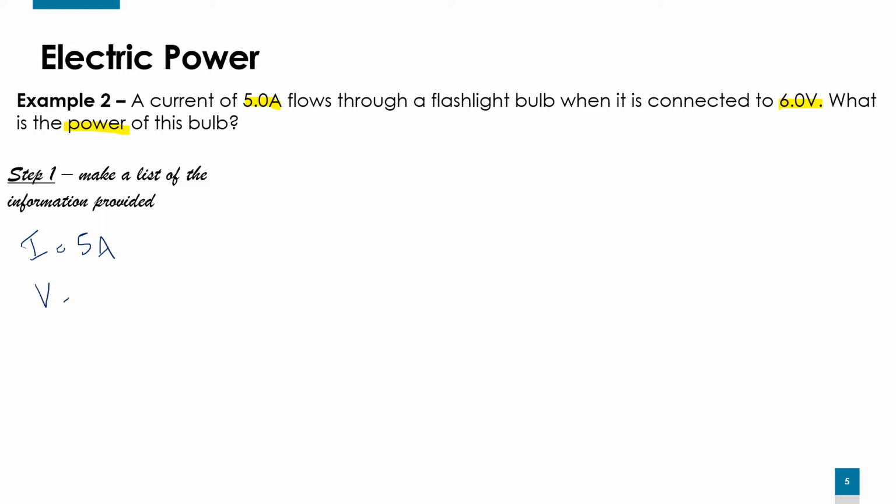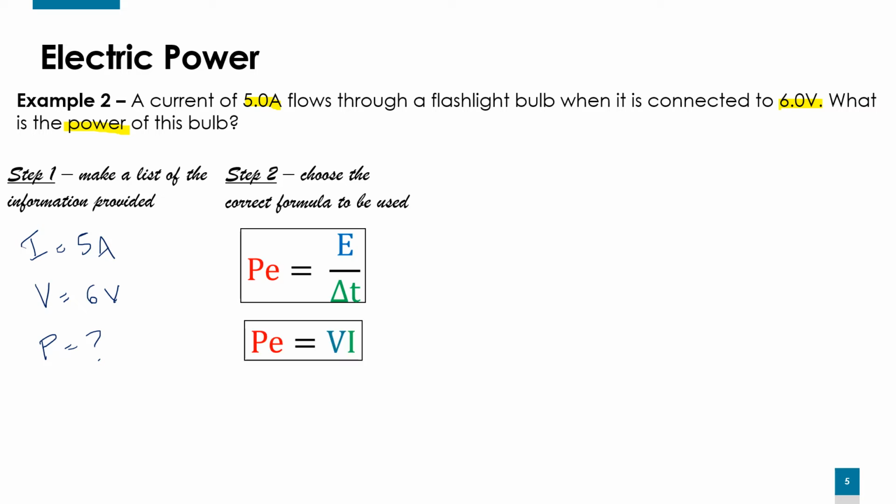I have voltage, 6 volts, and I don't know the power. Choose the correct formula. From these two, which one should you use? The second one, right? Replacing in the formula, P equals V times I. Power I don't know, 6 times 5.